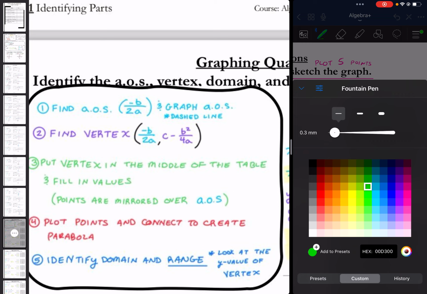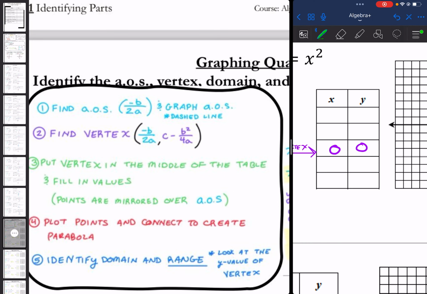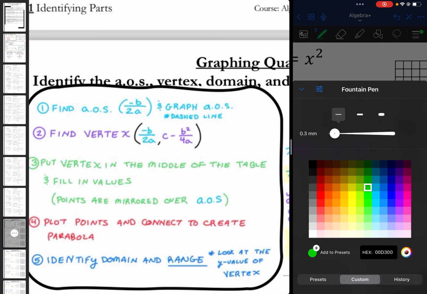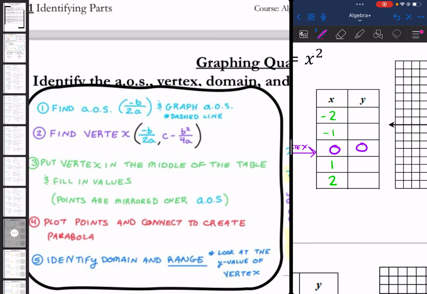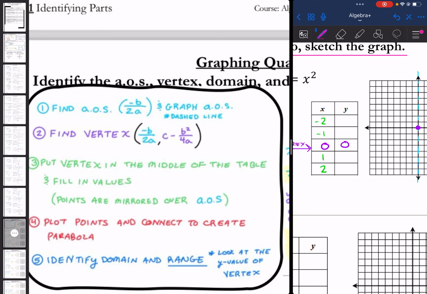From here, this is where you want to count up and count down. After 0 is a 1 and a 2. Before 0 is a -1 and a -2. The beautiful part about this is you do not have to solve every single one. Because the vertex acts as the middle point, where it's going to be symmetrical, as you can see from the graph, these 2 points are going to have the same y-coordinates. These 2 points are going to have the same y-coordinates.